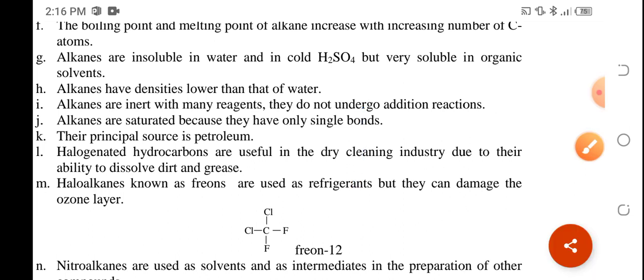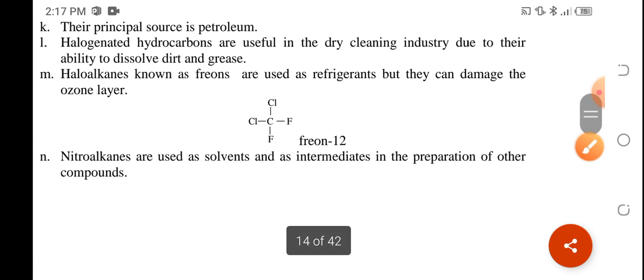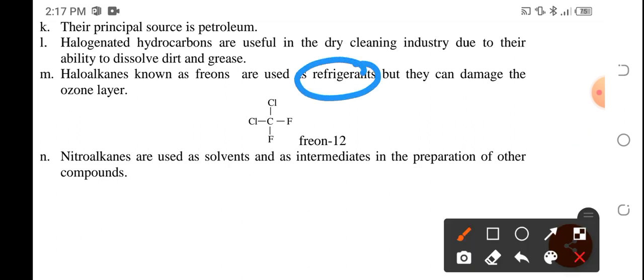Okay, so noong yung mga old na ref, merong mga freon yan. Pero ngayong panahon na to, wala nang freon-based na mga coolers kasi nga they discovered that it could harm the ozone layer. Pag sinabing freons, yan yung mga refrigerants.